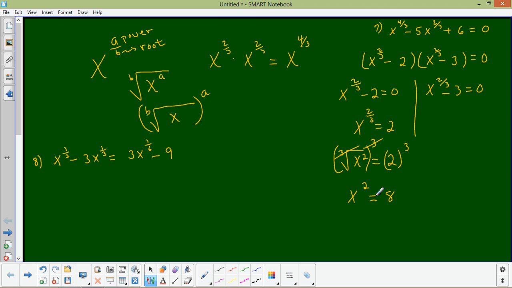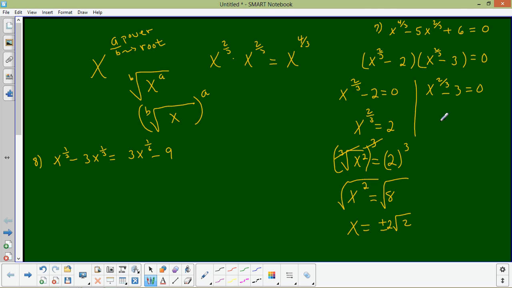And now, how do we solve for x at this point? What's the opposite of squaring? We do square root, right? And so that gives us x equals plus or minus square root of 8. All right? Which simplifies to 2 square root of 2.